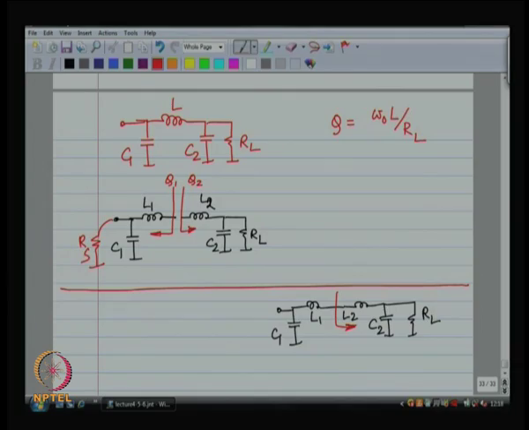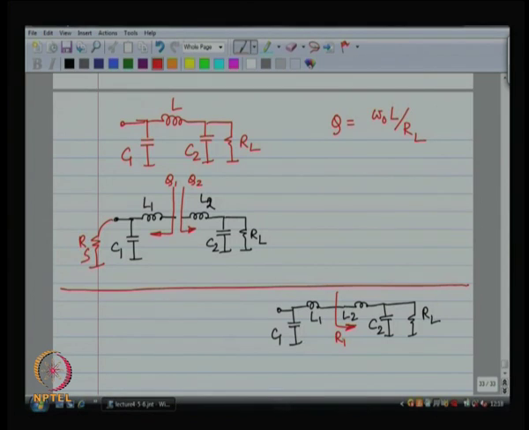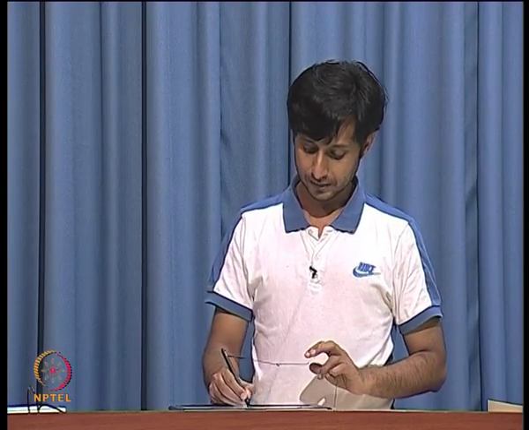This intermediate resistance is smaller or larger than R L? It is smaller than R L. Then we transform that intermediate resistance into a larger resistance looking in from here. So, we go down first and then we come up to the desired value. So, I needed a certain transformation ratio. Let us say I first go down by a factor of 1 plus q 2 squared, then I go up by a factor of 1 plus q 1 squared and reach my target. So, this is the strategy. Okay. The net q is the sum of q 1 and q 2.